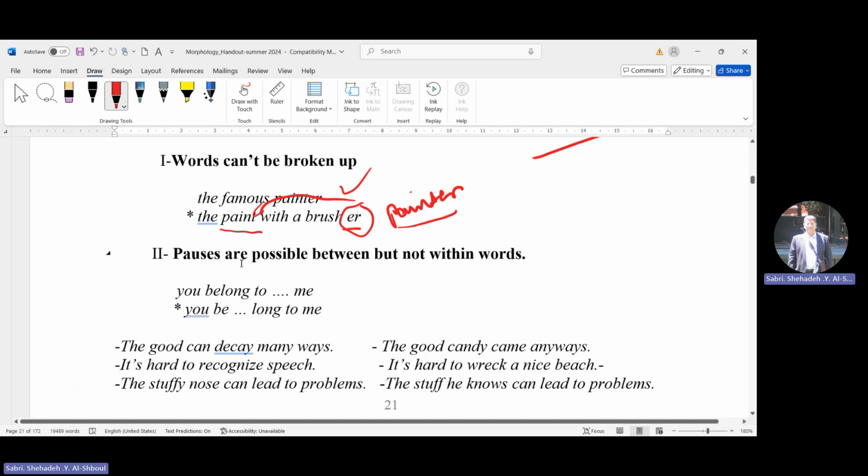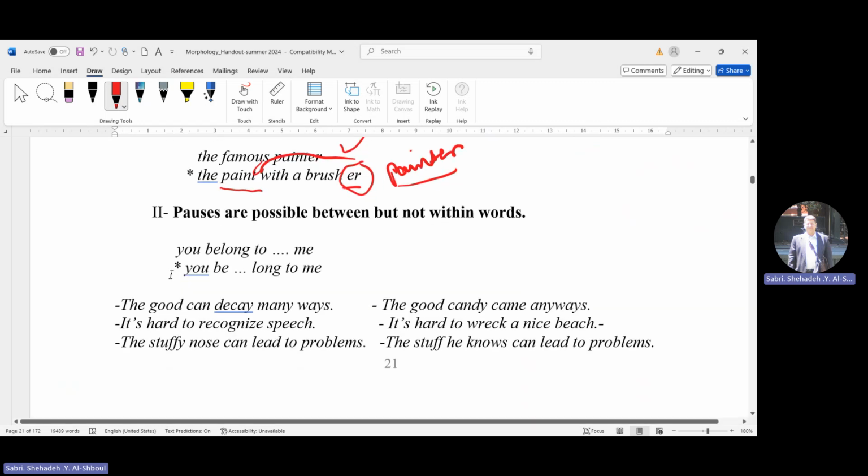What about pauses? When we produce the language, when we use utterances, do pauses need to be restricted? The answer is yes. Here, for example, we say "you belong to me," right? This is informative and the listeners can understand me. But if I say "you be... long to me," to mean that "be long" is "belong," this is also problematic.